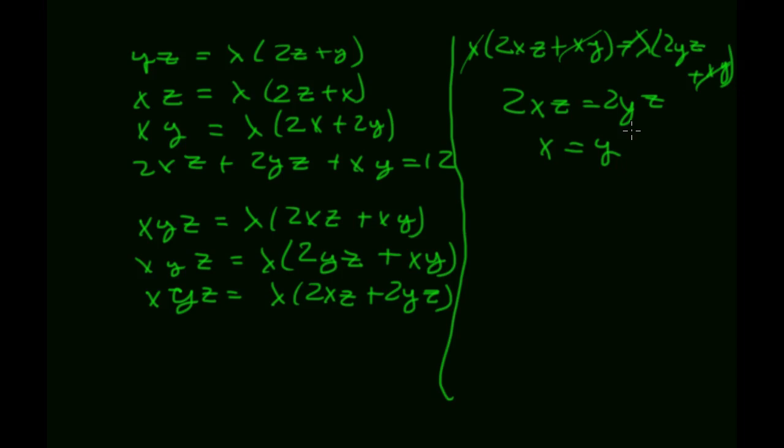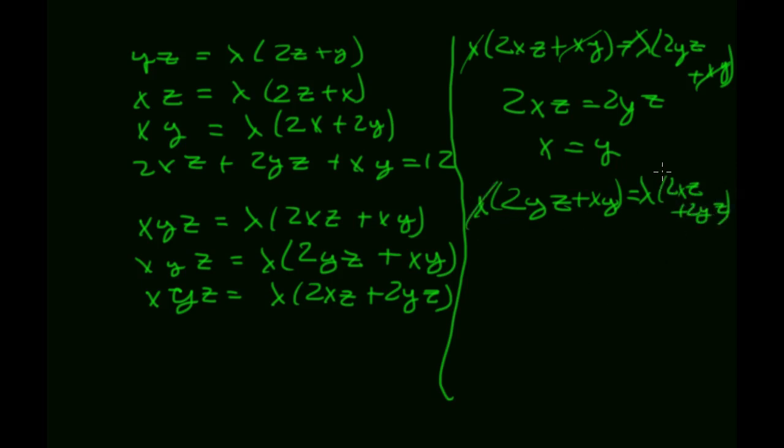So kind of working from there, we also can use the second bit here, like use the first one or the YZ one here with the last one, right? So we're going to know that lambda times 2YZ plus XY should equal lambda times 2XZ plus 2YZ, right?